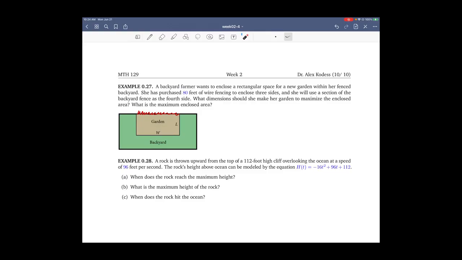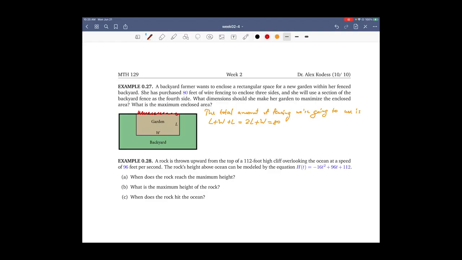right? So either way, the total amount of fencing we're going to use, if we call this side L and this side W, is L plus W plus L, which is 2L plus W, and again that is going to be 80.